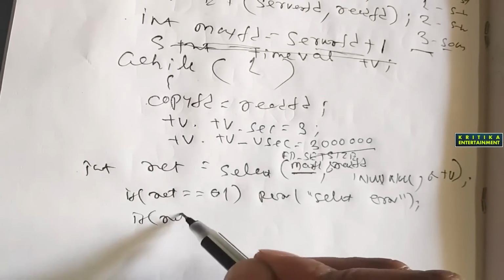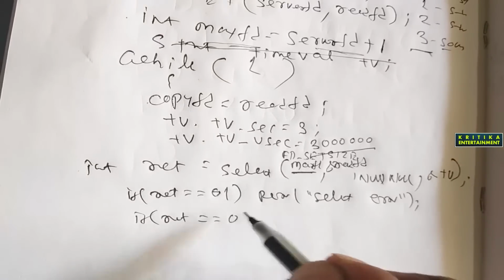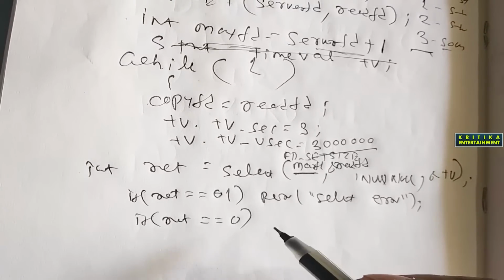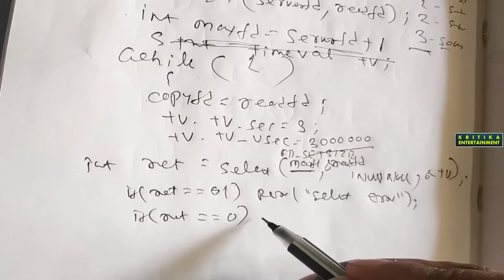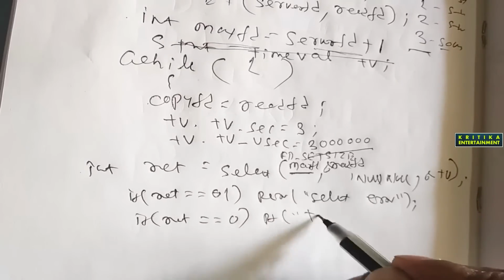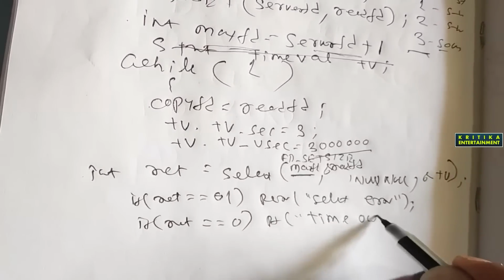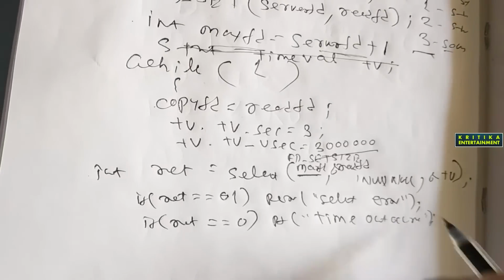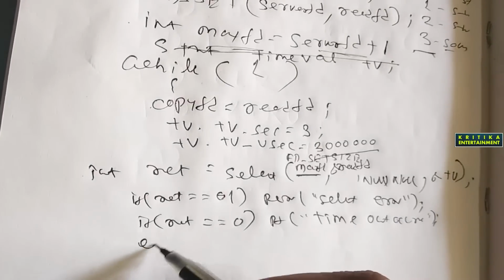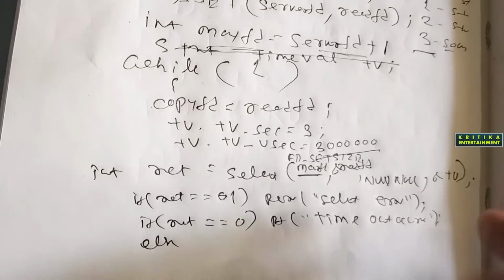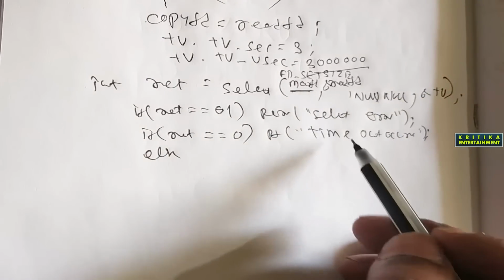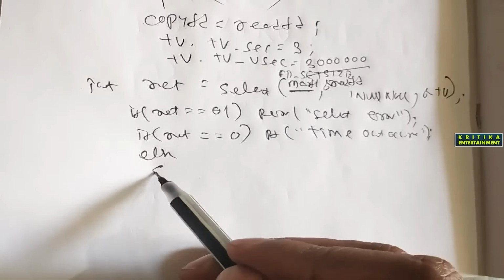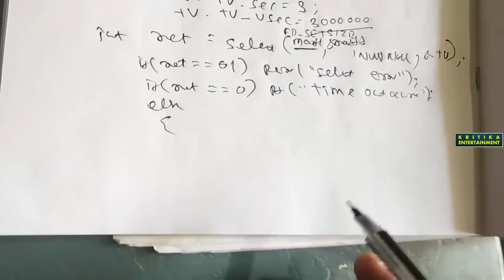If return is equal to 0, I have told you that if no data is found, the select function returns 0. So printf "no timeout occurs". Else, if neither timeout nor error, that means it has found some data from the socket.